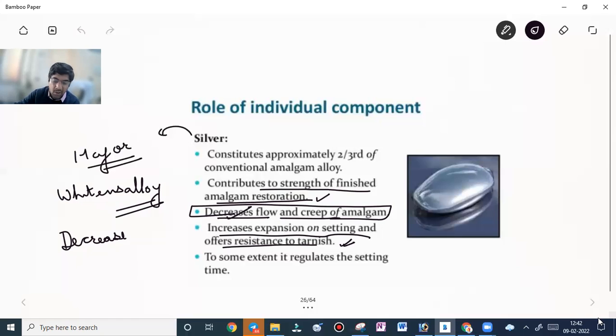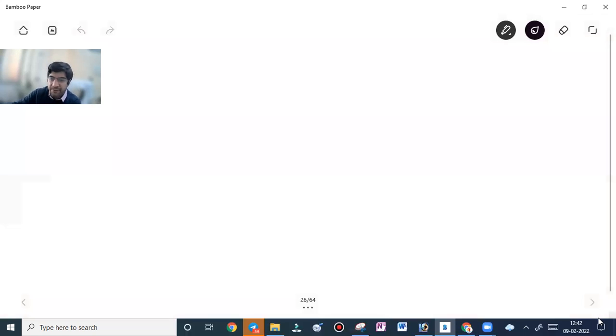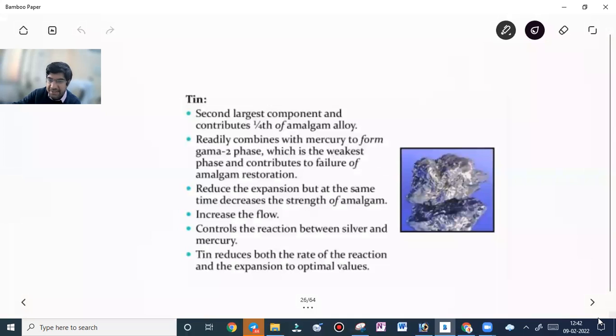Other component is tin. So what is the function of this tin? It is the second largest component and contributes one fourth of the amalgam alloy. Remember, the tin will control the reaction between the silver and mercury. Imagine what would happen without tin. Without tin, the reaction would be very fast, and the setting expansion would be unacceptable.